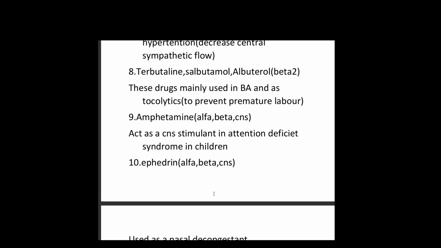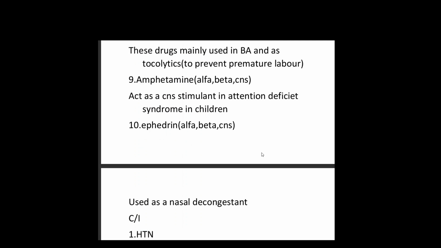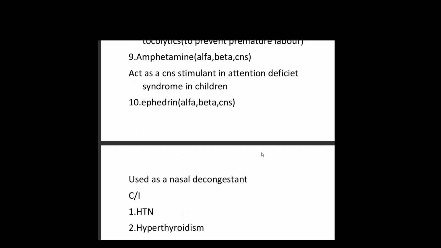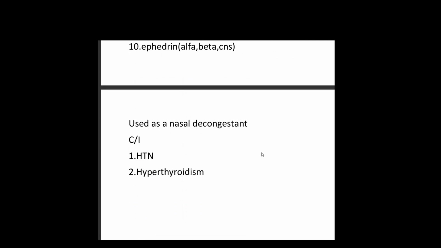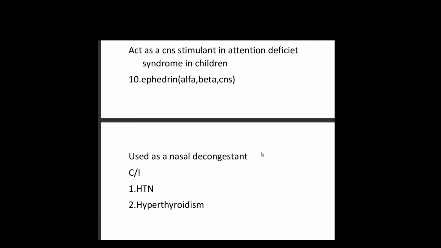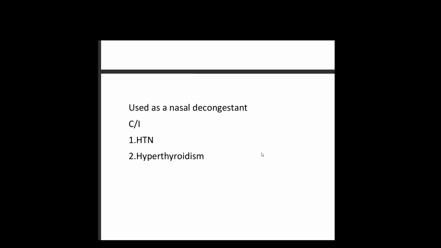Next, amphetamine, alpha beta CNS, acts as a CNS stimulant in attention deficit syndrome in children. And ephedrine, alpha beta CNS, is more famous as a nasal decongestant. And we have to remember these sympathetic agonists are contraindicated in hypertension and hyperthyroidism.